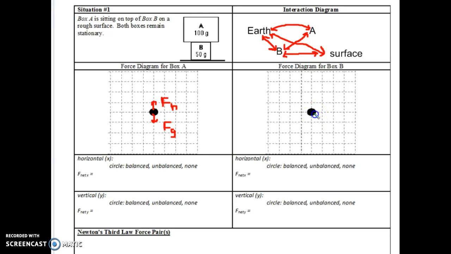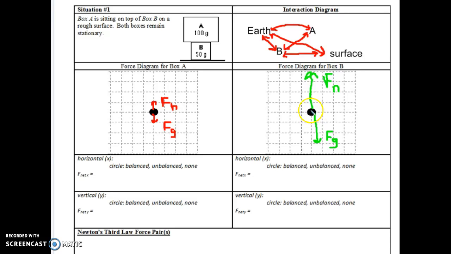I'm going to choose to draw my gravity 3 boxes down. And the quantity of boxes that I'm selecting is going to make more sense in just a little while. So I'm going to call that F of G. I'm going to draw a normal force, 1, 2, 3, 4 boxes up. And again, you're labeling your on by statements, but my normal force is going to be on object B by the surface or by the table, whatever it happens to be.